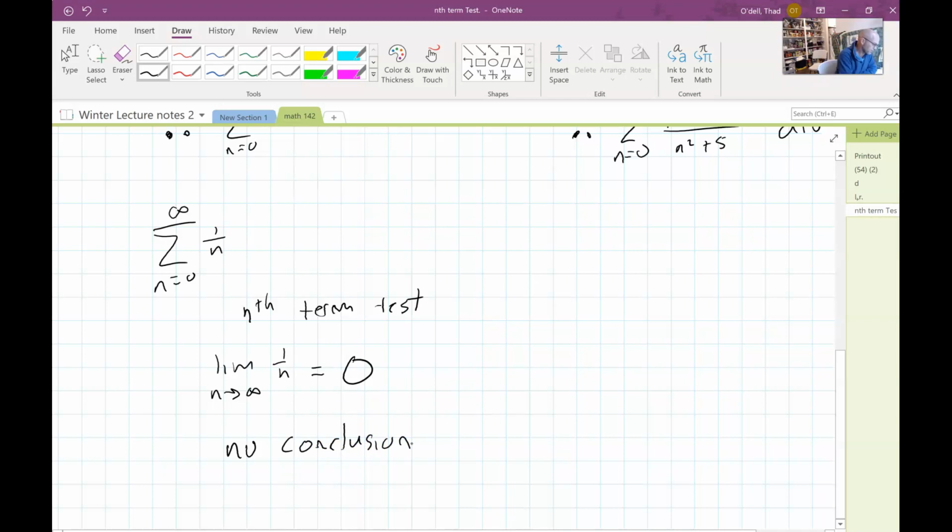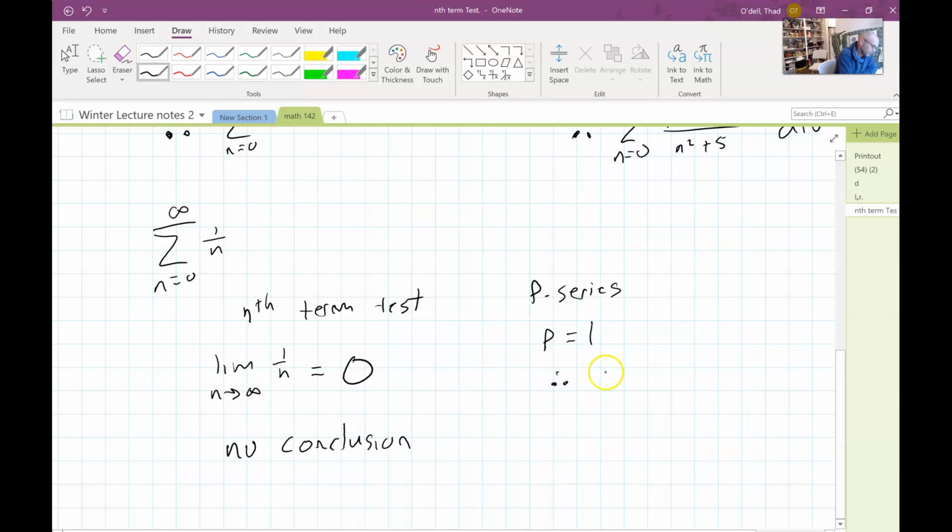So in this case, of course, we'd say, oh my goodness, what was I thinking? That's the harmonic series, which I know is divergent. Or we could say that's a p series where p is equal to 1.